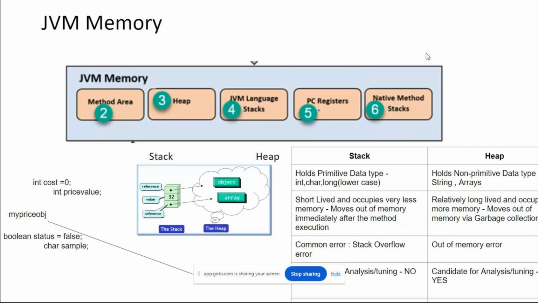So heap and stack. I was talking about primitive and non-primitive types last week, right? Your integer, character, boolean, all small variables which occupy a small memory space, are going to get stored in the stack.